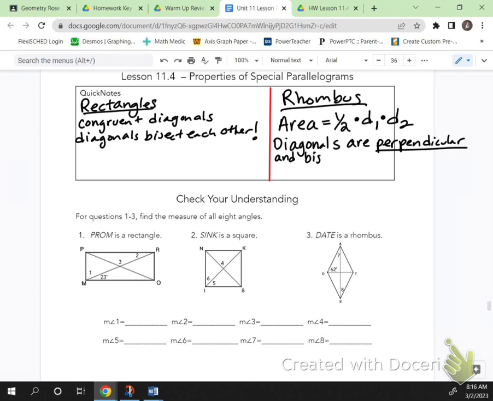And it'll bisect those vertex angles at the corners of your shape. Cool?